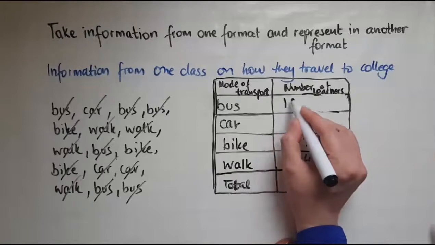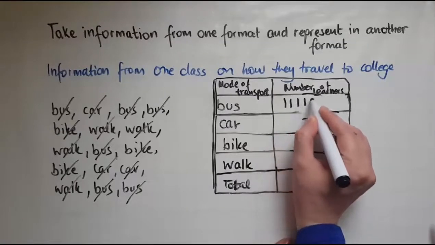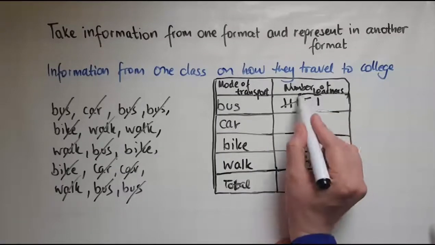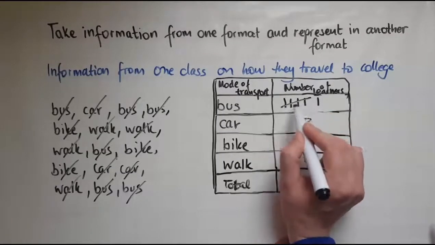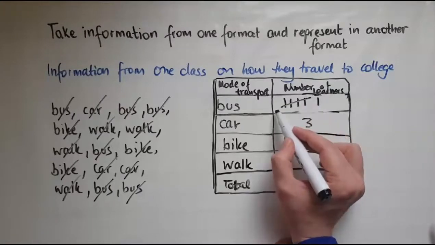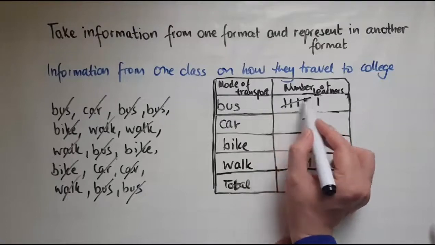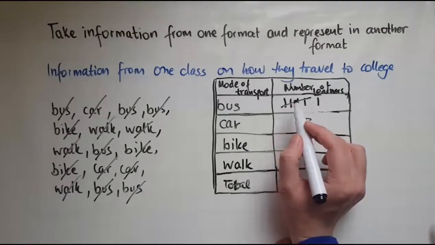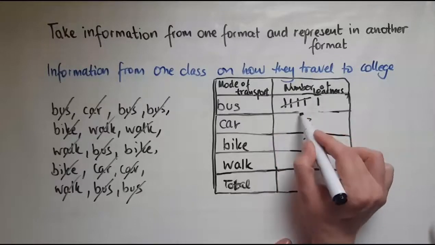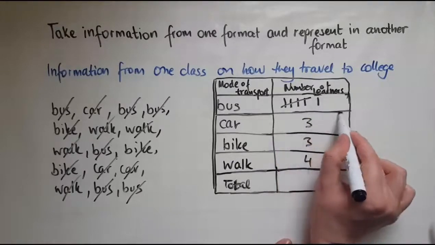So 1, 2, 3, 4, 5, 6. So we always make a block of 5 like this. We do the first 4 marks straight, and then we draw across another mark to make 5 of them, and then there is the next one to make 6.